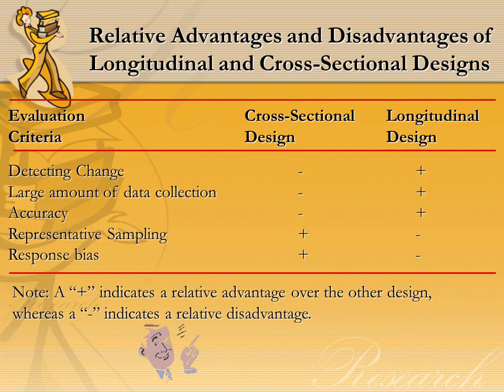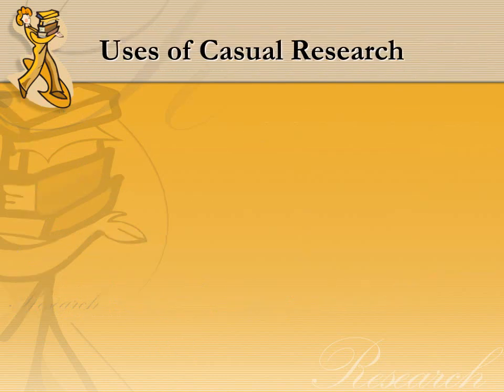It captures depth, and accuracy is very high. But sampling is larger in cross-sectional design, because the sample is very small in longitudinal design. Response bias is obviously high in longitudinal because the same respondent is repeated again and again. It is very low in cross-sectional.